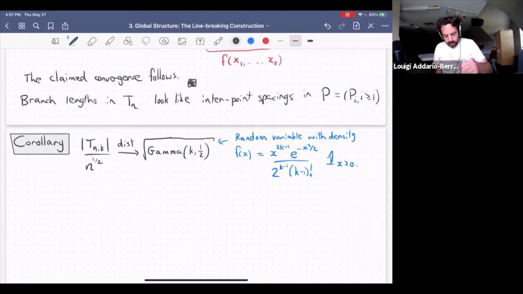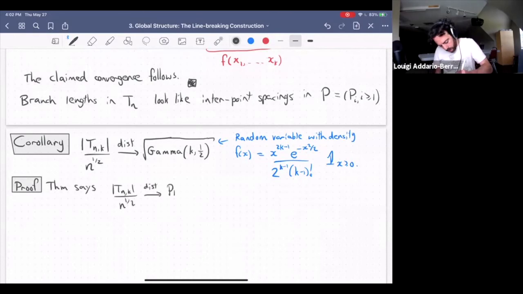And that's really very easy to see from the theorem, because the theorem says that Tnk divided by n to the half converges in distribution to pk. And what's the density of pk?